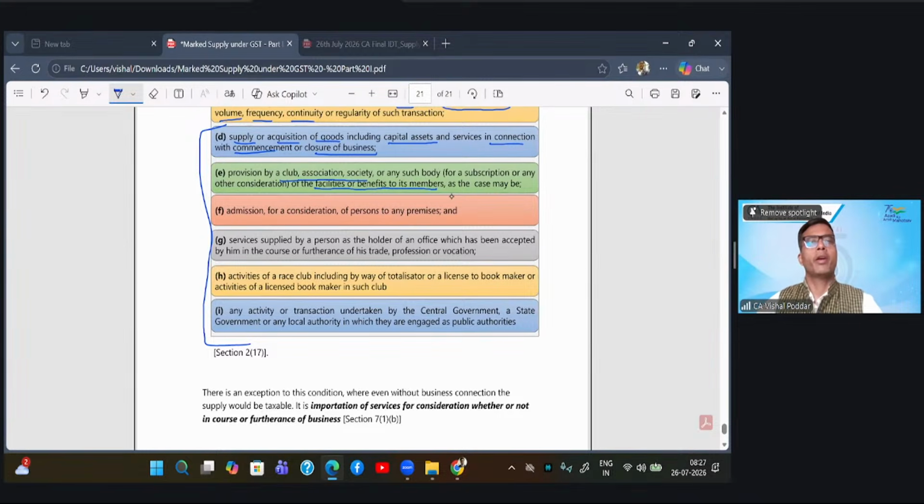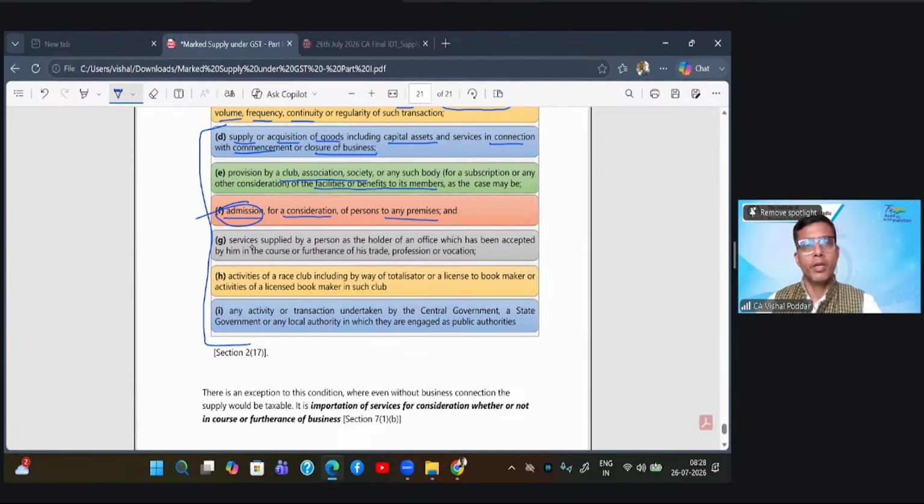All this will also be treated as business. Next, when you go to a particular place, like a zoo or a historical monument, for entering that place there is some ticket. Even this activity of allowing people to enter my place or premises for some ticket price is also my business.